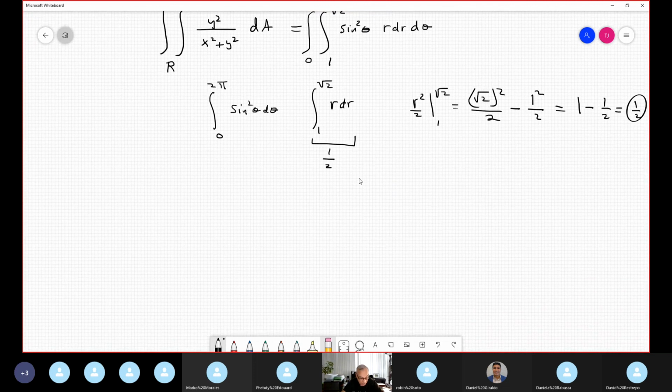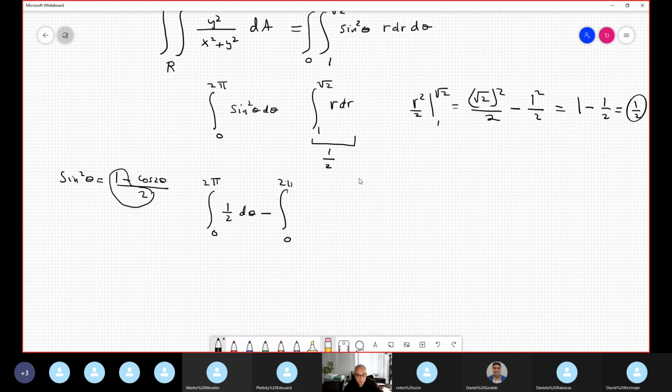Good. And this is classical in calculus 2. You use the half angle formula. You need to remember that sine squared theta is equal to 1 minus cosine 2 theta, divided by 2. So you separate this into integrals: from 0 to pi of 1/2 d theta, minus another integral from 0 to pi of cosine 2 theta d theta.